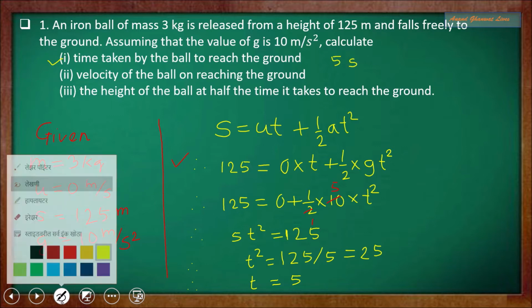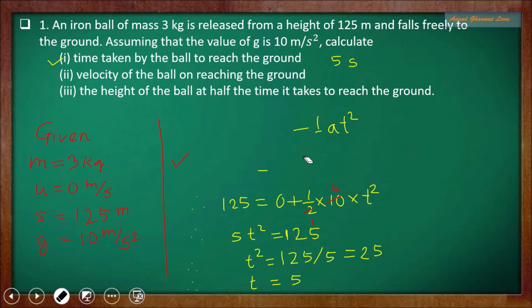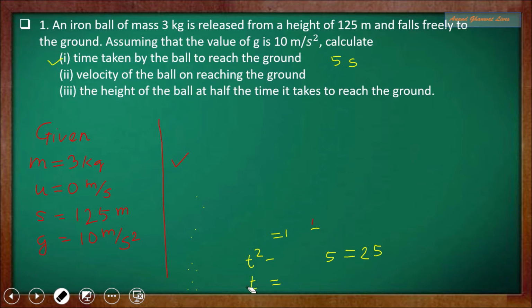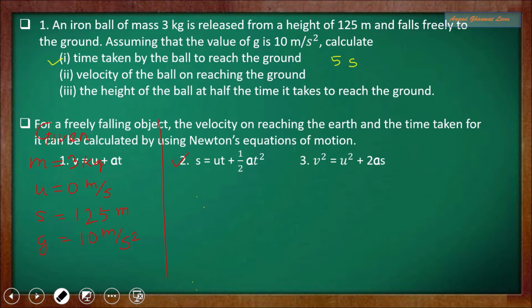Okay, now next we have to find out the velocity of the ball when it reached the ground. So think which equation of motion will be useful here. v is equal to u plus at. We have to find the final velocity, means v.